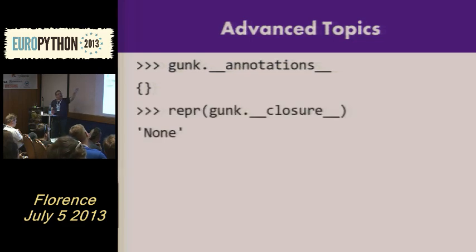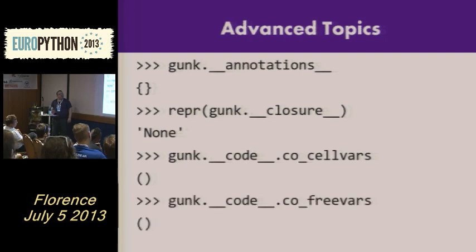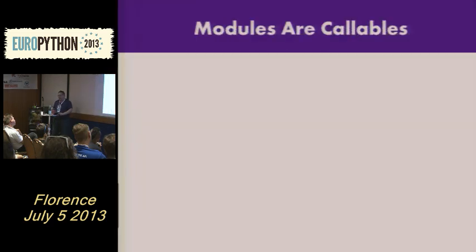And it's bound at binding time, and it can have arbitrary values in it, so it's in the function object, not the code object. Closure, if gunk was a closure, this would be an object, but it's not, so it's None. Cell vars and free vars, if gunk was a nested function or contained a nested function, one of these might not be empty, but they are. Like I said, I'm not going to talk about cell vars and free vars, so I want to skip them.